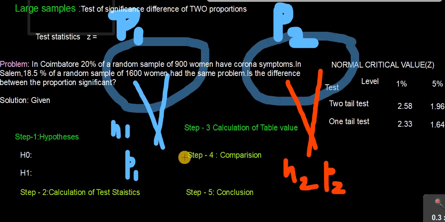By connecting these two samples, we will have a statistical formula, and then we get the statistical value and the tabular value. We compare them. If the calculated value is less than the tabular value, then H0 is accepted. H0 is the null hypothesis.